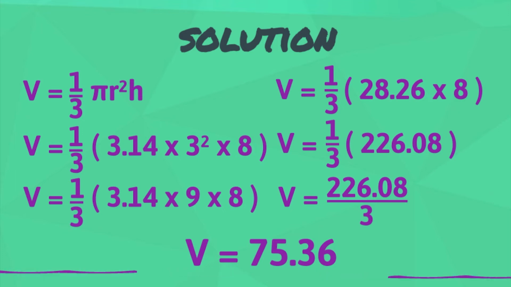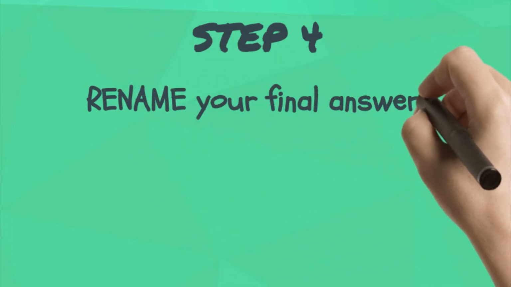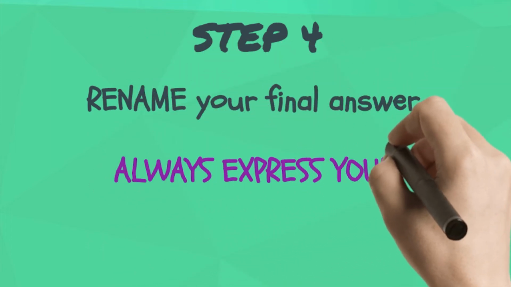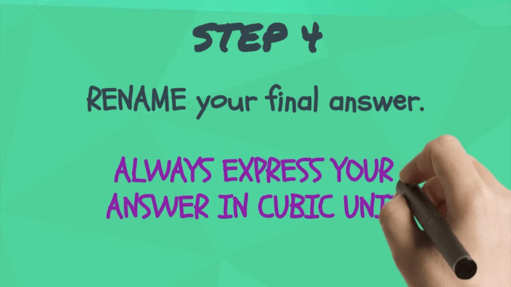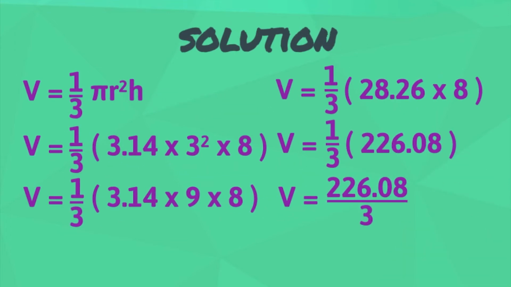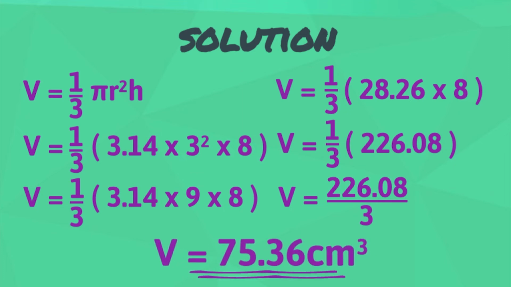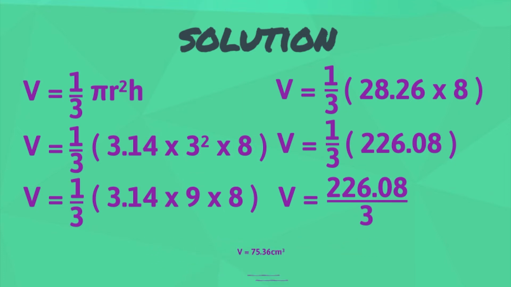Now that we have finished solving the problem, we have to rename our final answer, which is in step 4. Again, always express your answer in cubic unit. The cone uses a unit of centimeter. We can say that the volume is equals to 75.36 cubic centimeter.